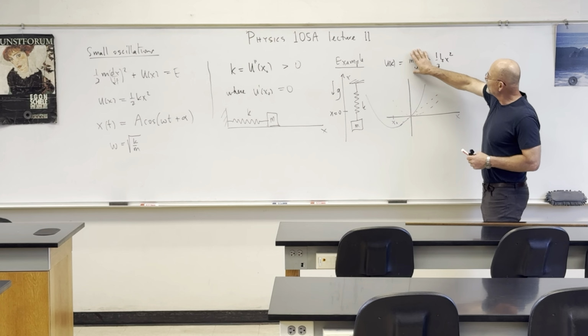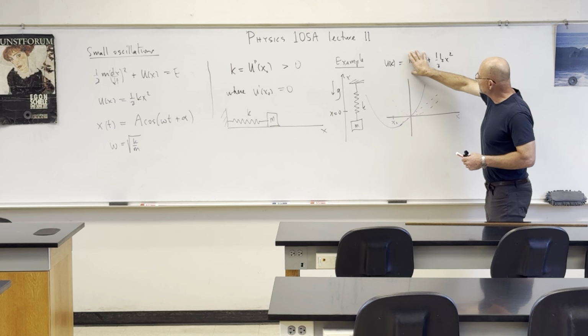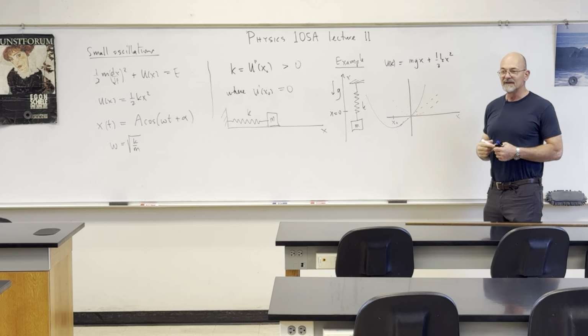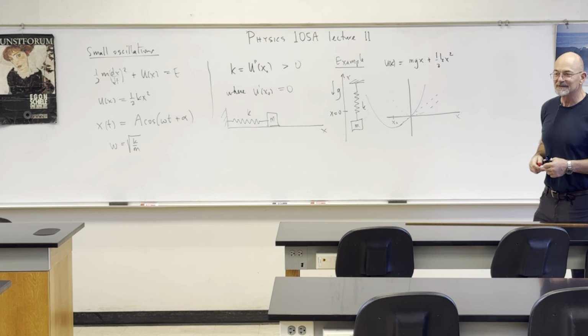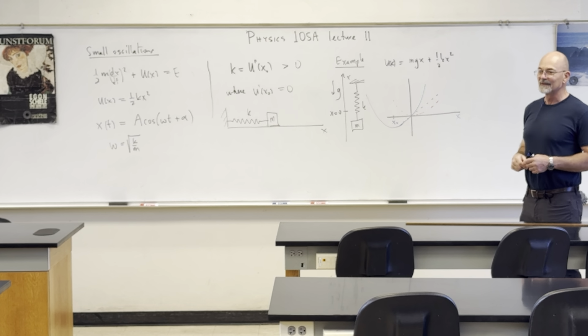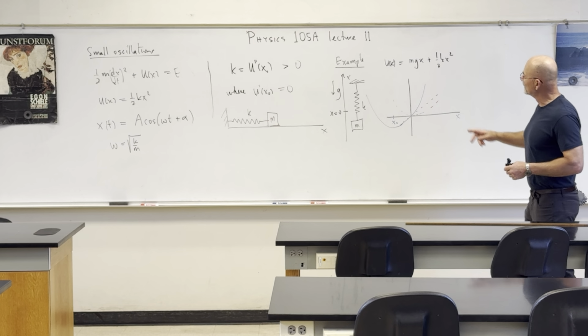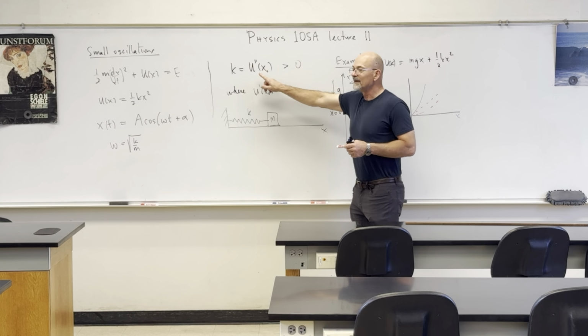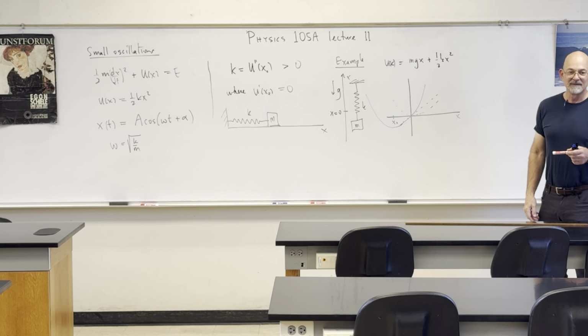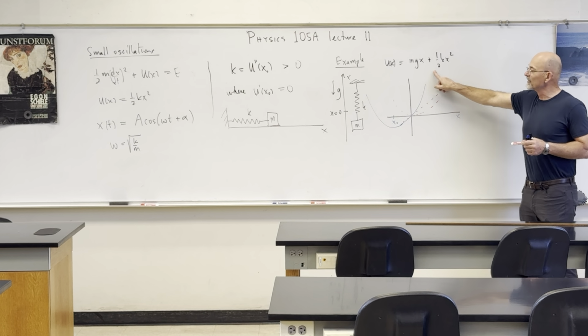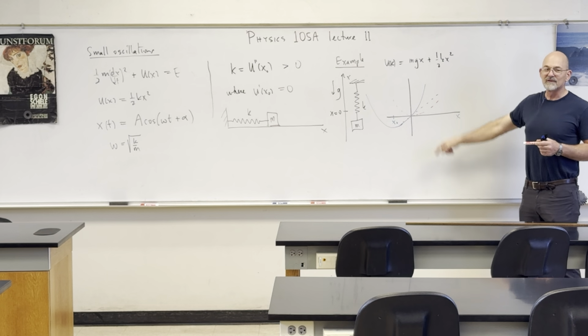Does the gravitational potential energy change the frequency? Anybody want to have a stab at that? The frequency is still according to this definition. So what's the second derivative of this potential energy function?